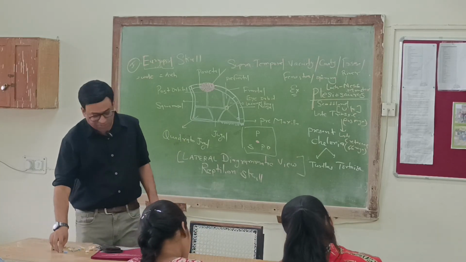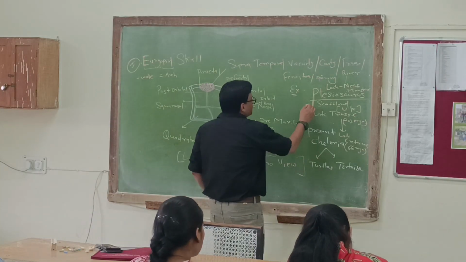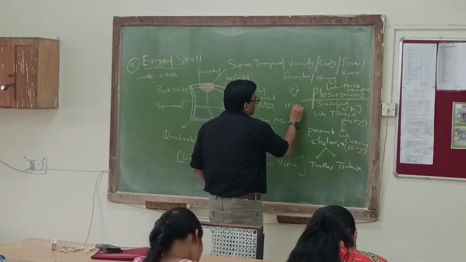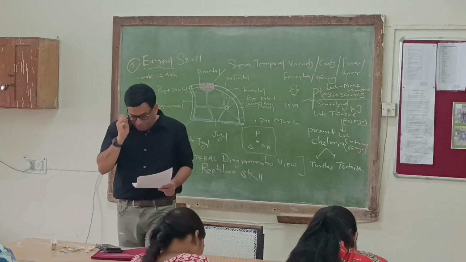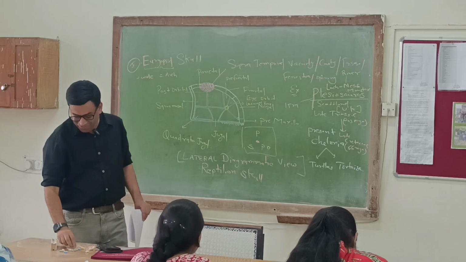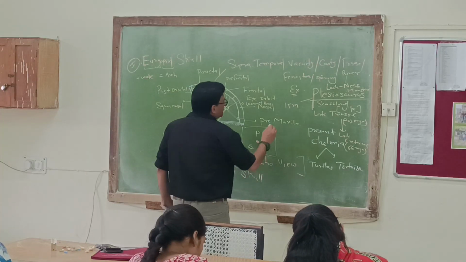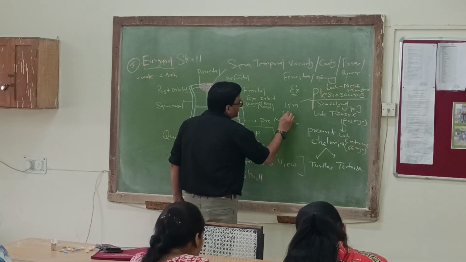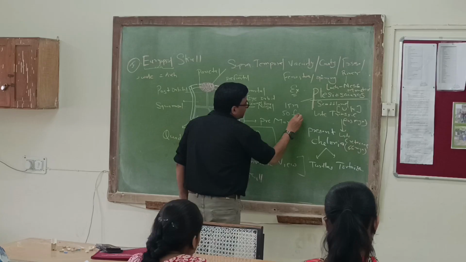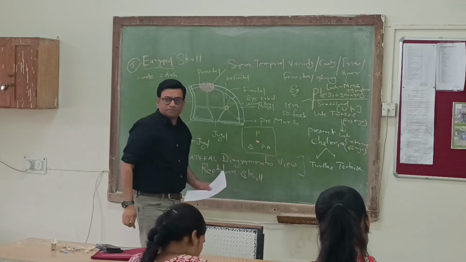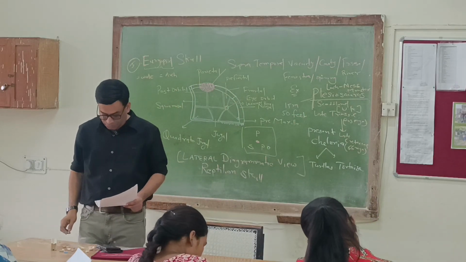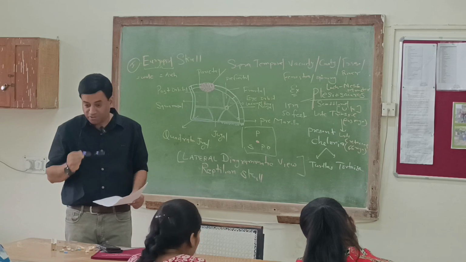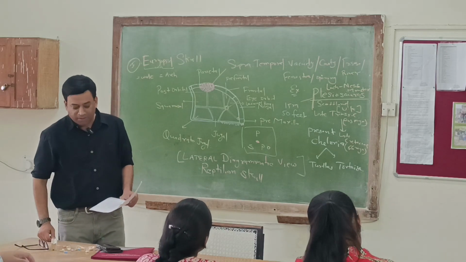This is about 15 meters long. Can you convert it into feet? This is about 50 feet. You are just 6 feet and they are 50 feet long. Got my point? Plesiosaurus, Loch Ness monster.